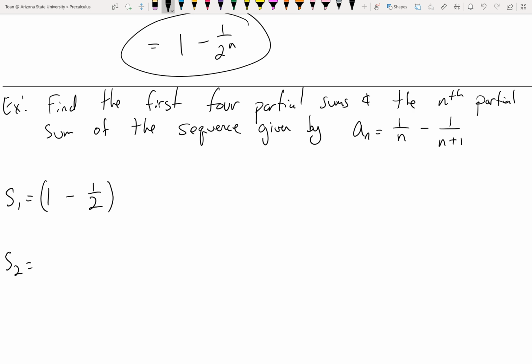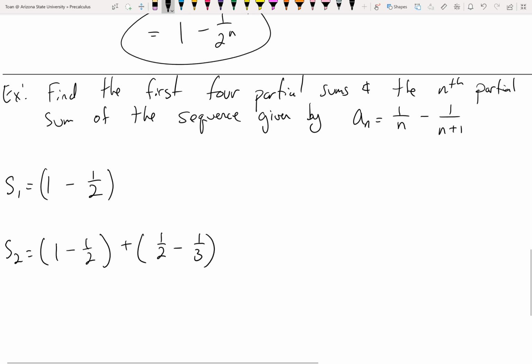S sub 2. So the second partial sum is adding the first term with the second term. So we've already found the first term above. Now I'm going to add the second term, which again is just taking the formula and plugging a 2 into it. So if you do that, you get 1/2 minus 1/3.